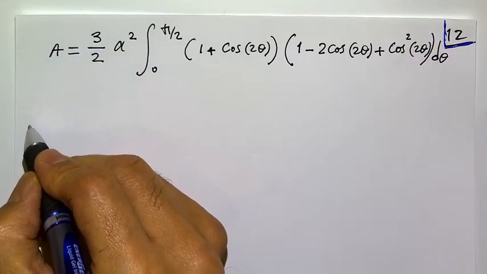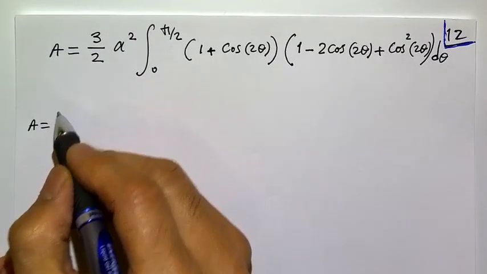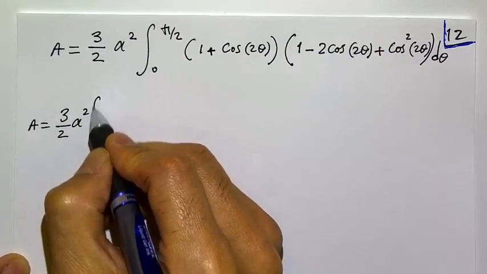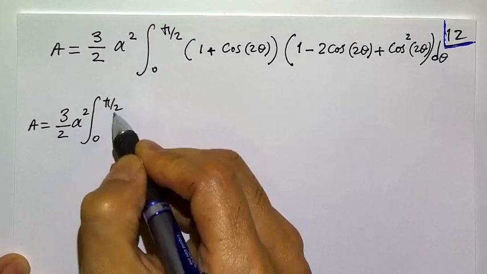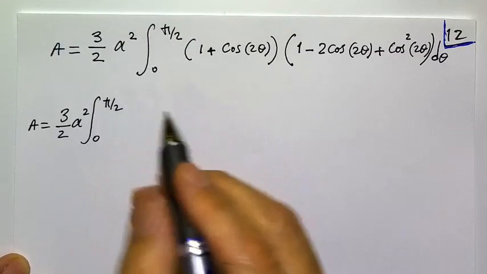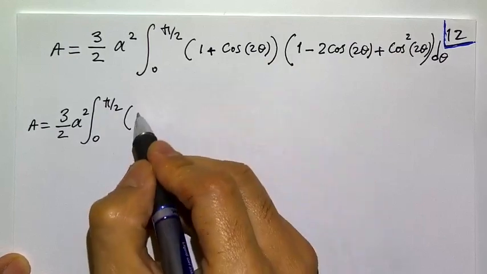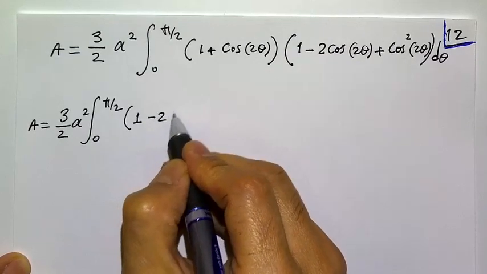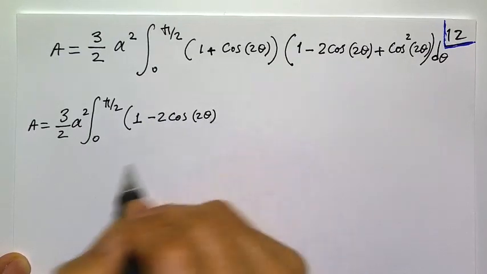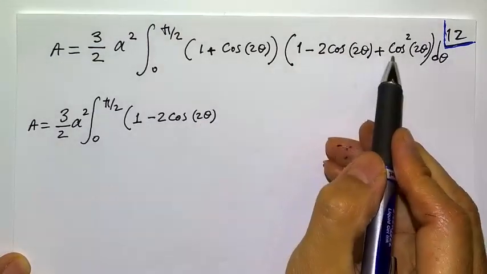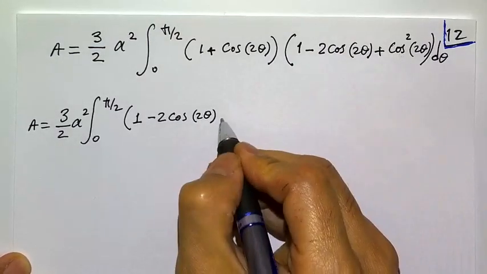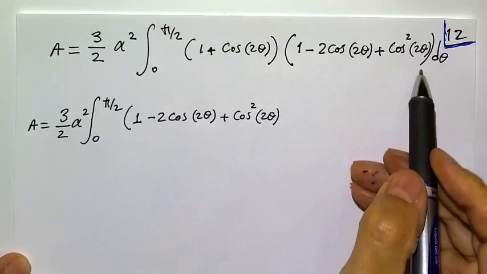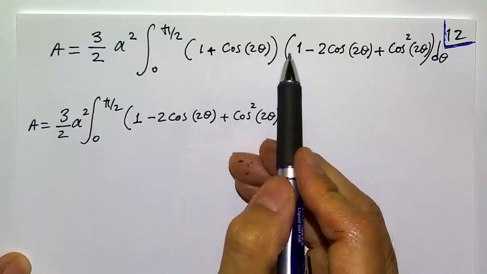So we have 3 halves a squared, integral from 0 to pi over 2, and then we have 1 times 1 is just 1. 1 times minus 2 cosine 2 theta, that's itself. 1 times cosine squared 2 theta. And now let's distribute cosine of 2 theta into that.